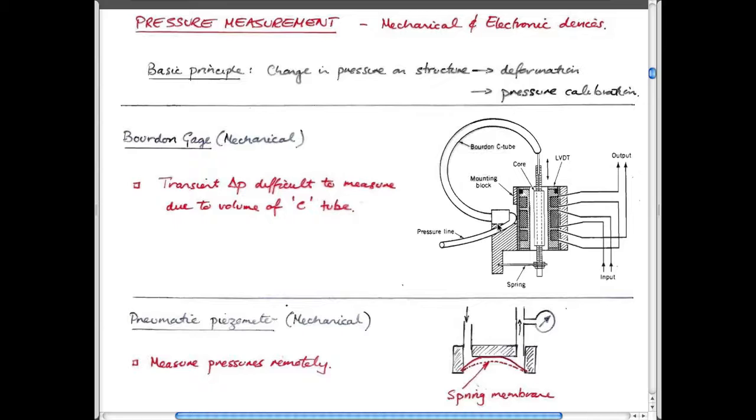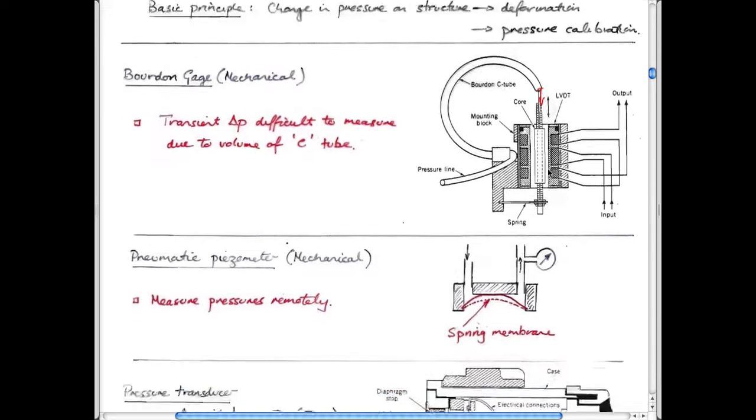As this moves up or down, you can measure that displacement, and you can either have it work on a little cog on a dial, which is how dial gauges work, or you can measure it electronically with a linear voltage displacement transducer, which is LVDT.